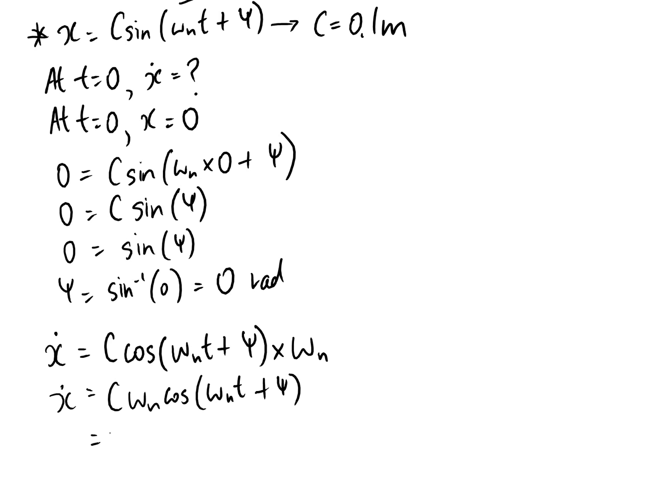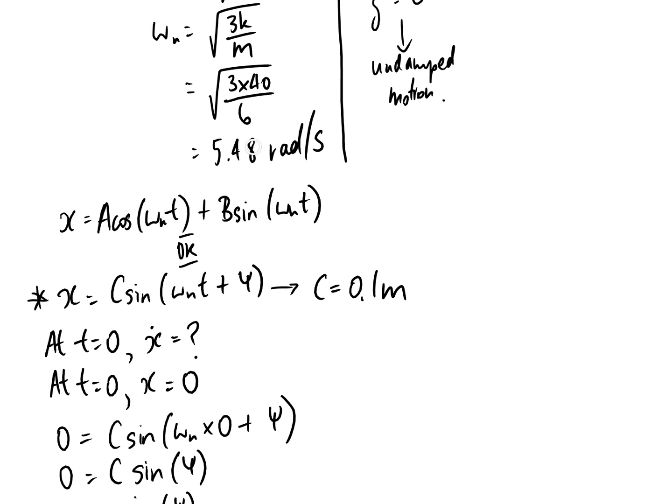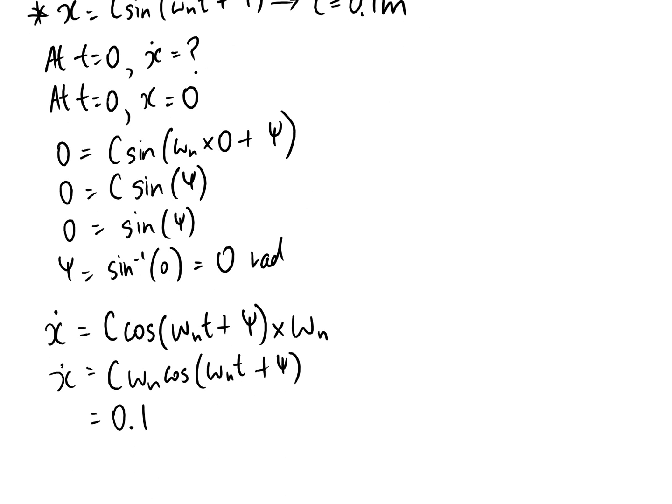So we just need to substitute in. We said that c has to be 0.1 if it's going to bounce between negative 0.1 and 0.1. Omega n we've already solved for. It came out to be 5.48. Times 0 for time.